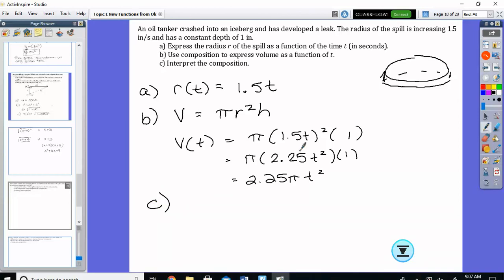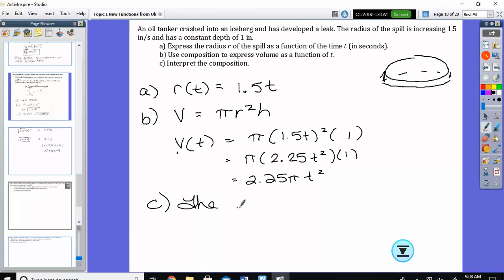So C, I want you to tell me what that means. What does that formula give me? It's a formula for V, and V is volume. So we're talking about how much oil there is, with a variable of t, so at any given point in time.